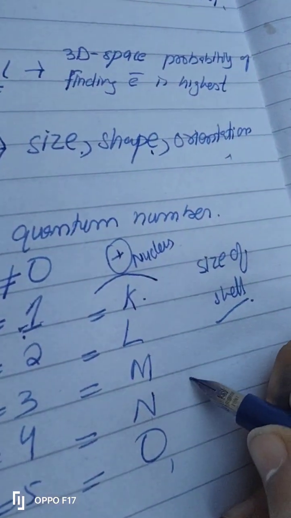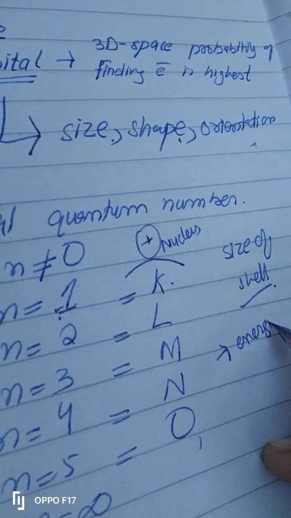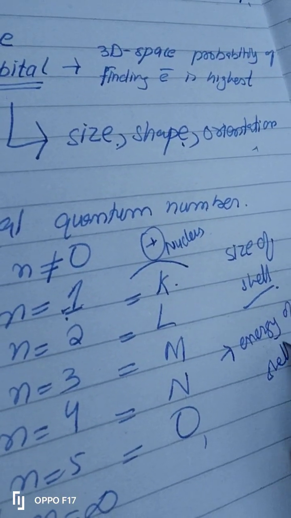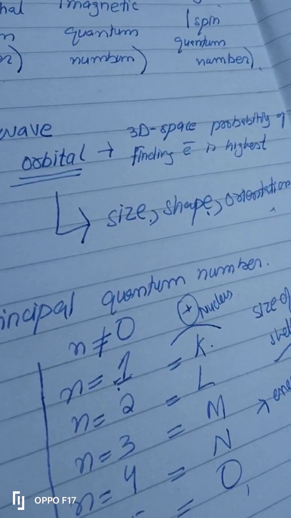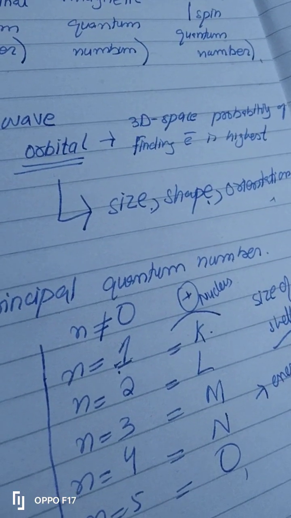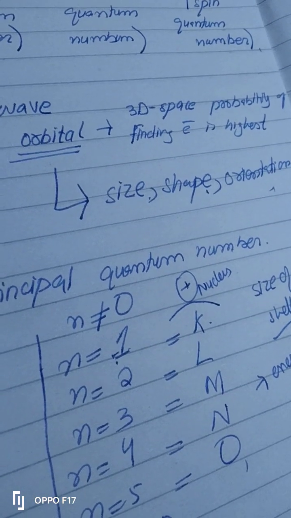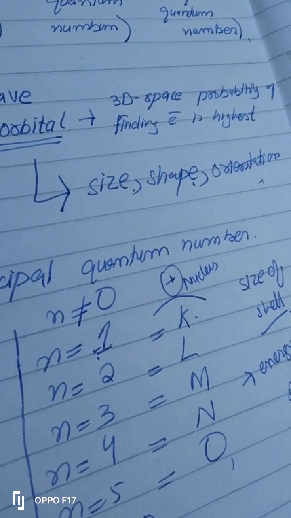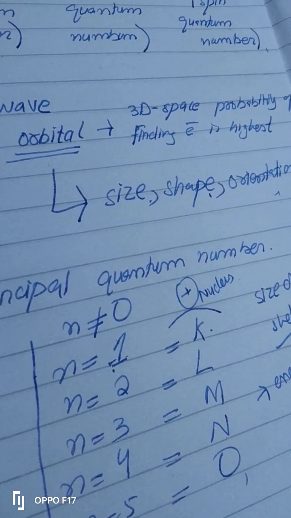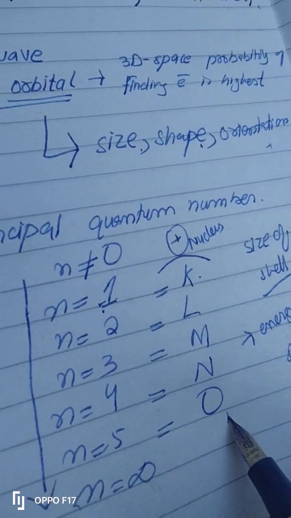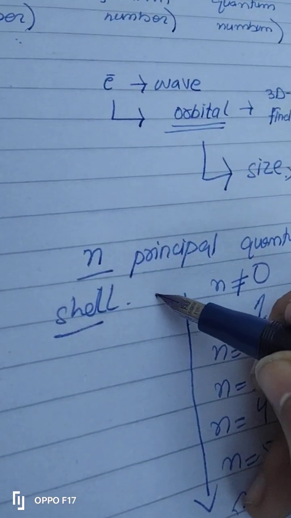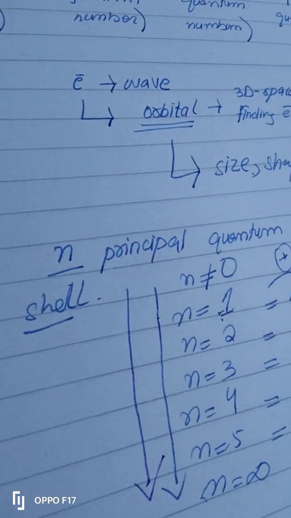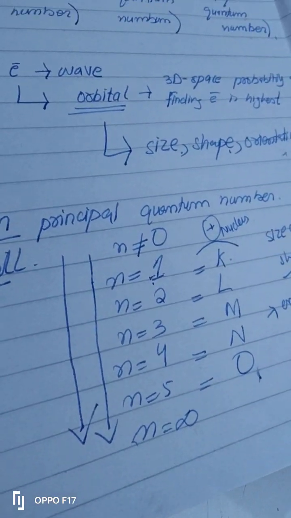It also tells you about the energy of the shell. The shell near the nucleus has low energy, but the shell far from the nucleus, for example O, has the highest amount of energy. So the energy also increases when we move far from the nucleus of an atom.